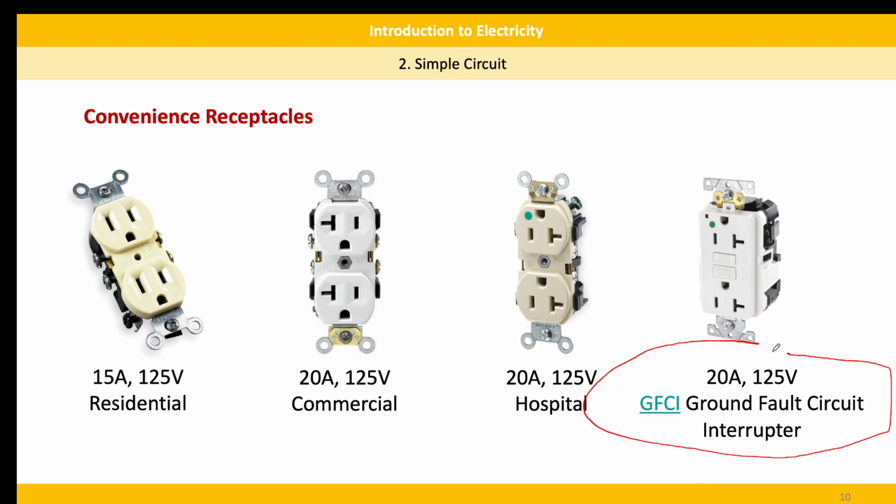If you want to use a receptacle in an environment like a bathroom, restroom, or kitchen, you have to use this one. This is a safety design. It's also very common in hotel bathrooms. Most of the time you want to use a hair dryer, so you may find you have to use a GFCI receptacle to get power.